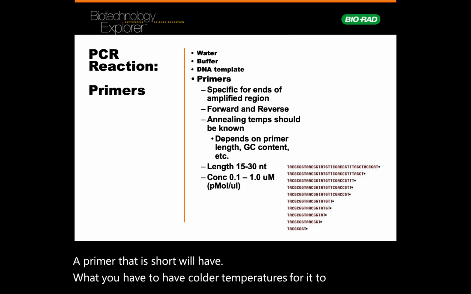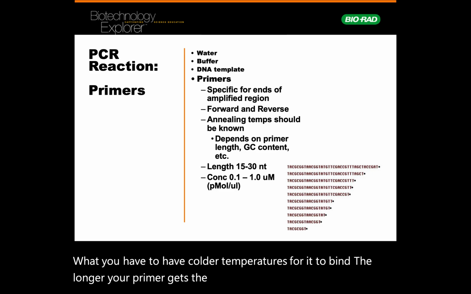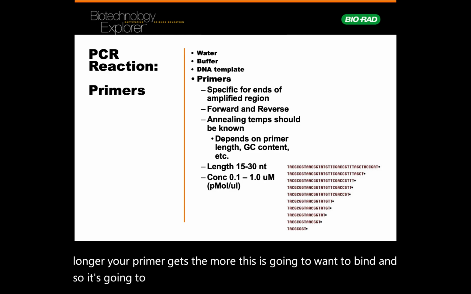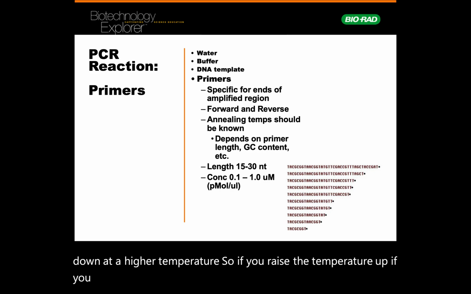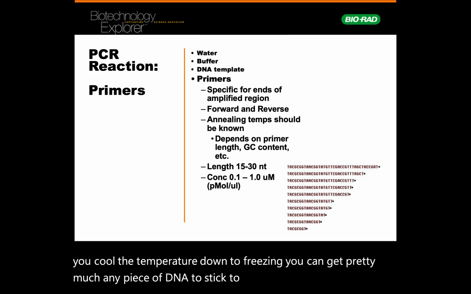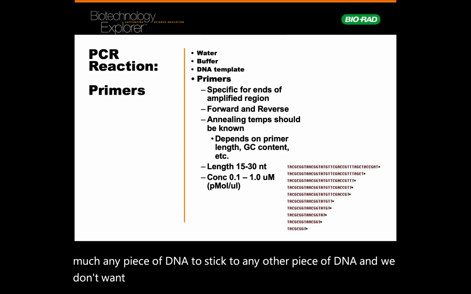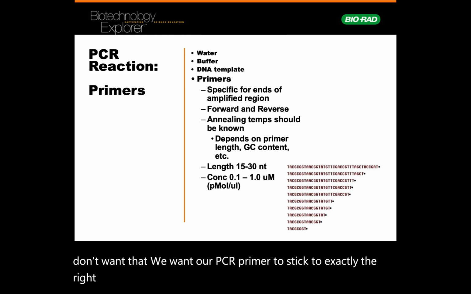The longer your primer gets, the more it's going to want to bind, and you're actually going to be able to bind it at a higher temperature. If you cool the temperature down to freezing, you can get pretty much any piece of DNA to stick to any other piece of DNA. And we don't want that. We want our PCR primer to stick to exactly the right part of the DNA, not just any part.